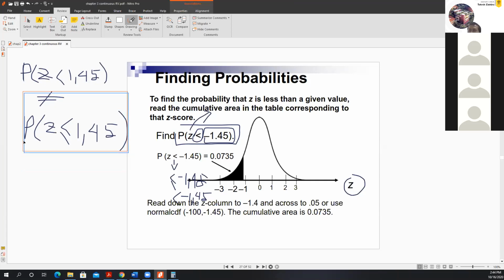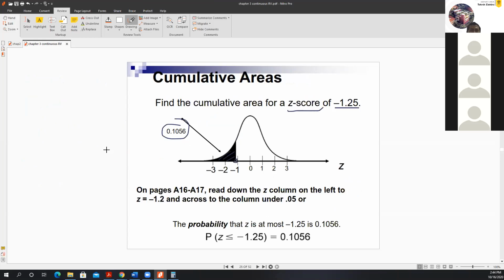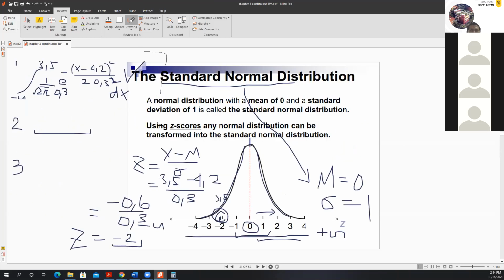For finding this one, we can use a table. Actually, it is the same as the method we already talked about. This is the probability x less than 1.5, something like that.